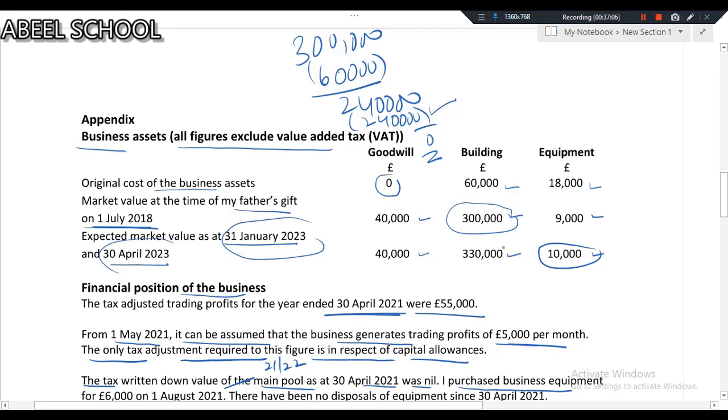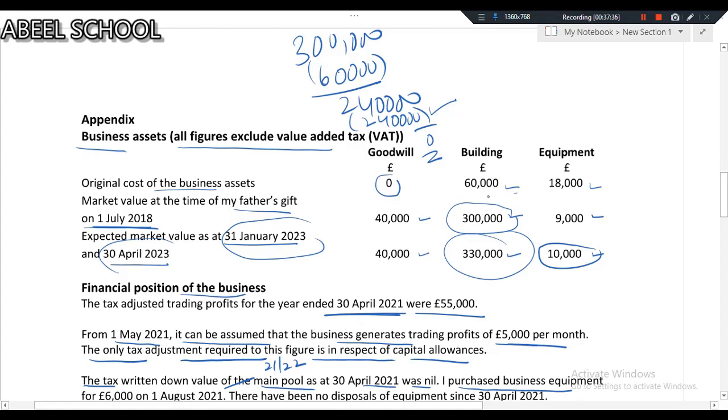Now ZT is selling this building for 330. From this 330, I'm going to deduct base cost of 60,000. So definitely I'm going to have capital gain. But a very important point is from 330, I'm going to deduct the base cost 60,000. How did I get this 60? Father bought this building for 60,000. When father gave gift to his son, at that time, building had a market value of 300,000.